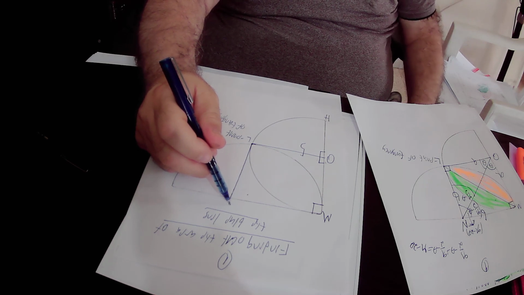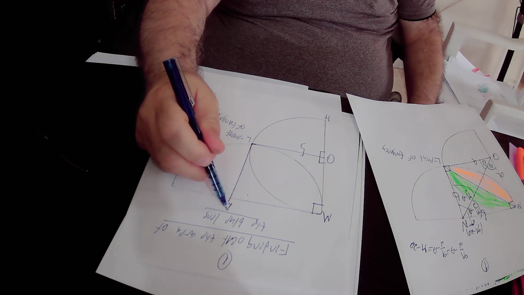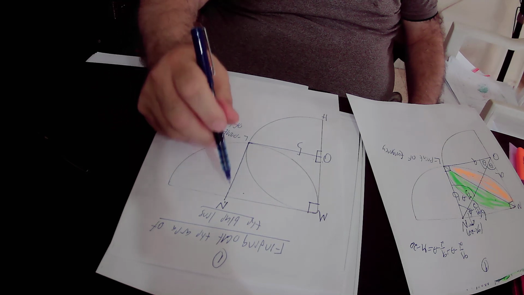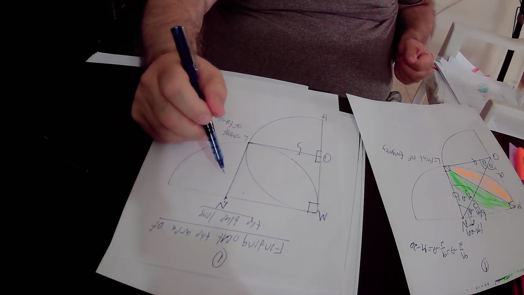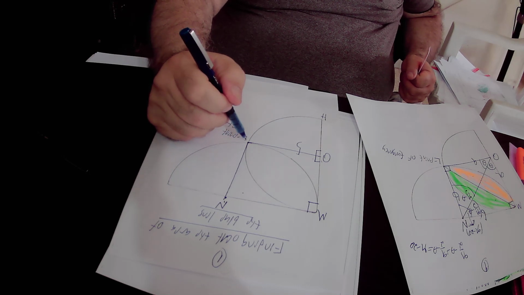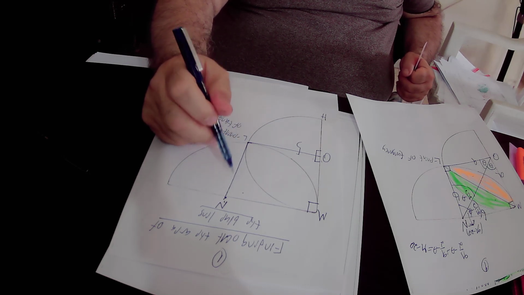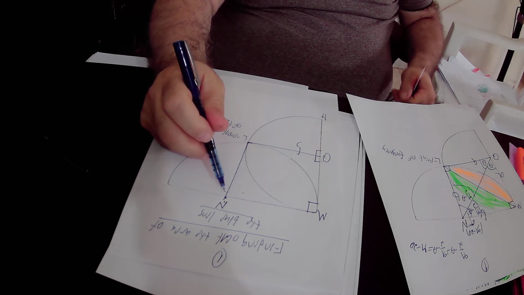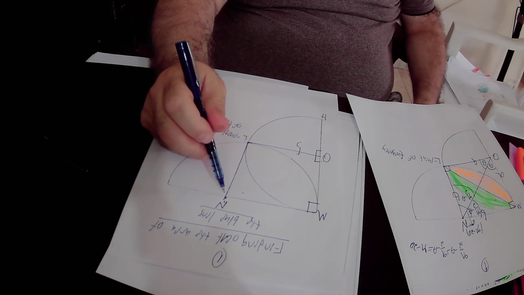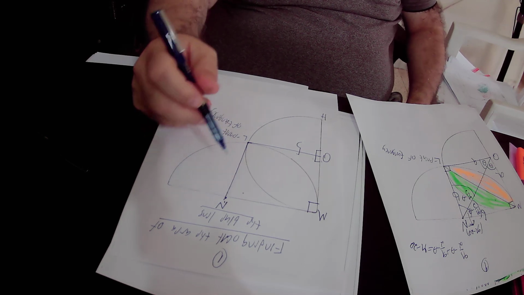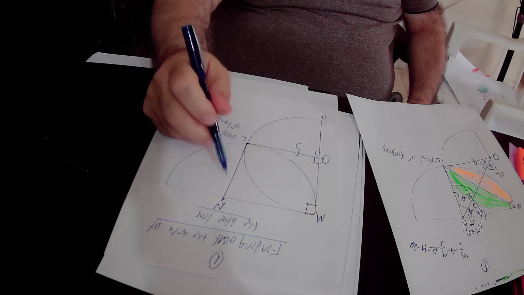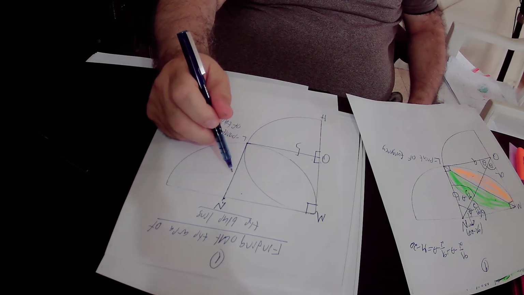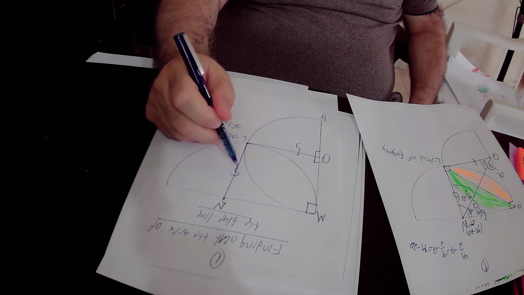So here, the center of this semicircle is point N. Point L is a point on this semicircle itself, that is to say, NL is the radius of this semicircle, that is equal to 5 units.